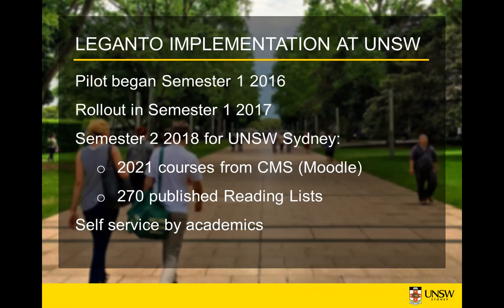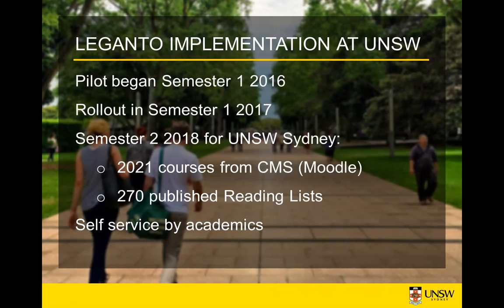That was very much a collaboration between the library and the faculty to see who would best give feedback on the product. We started in the first session of 2016 with 10 published lists and expanded that to 23 published lists in the second session of 2016.